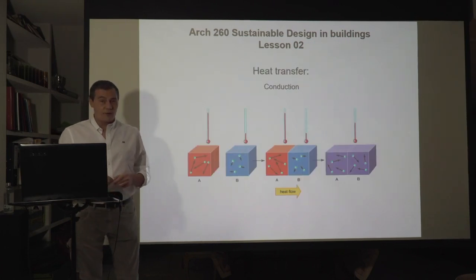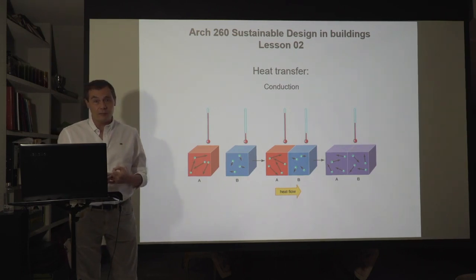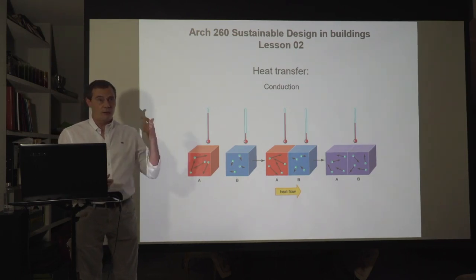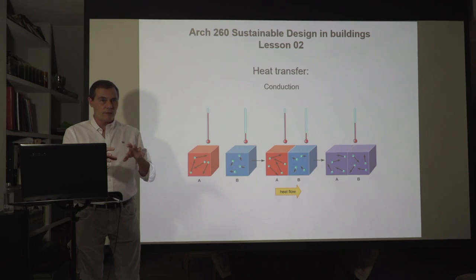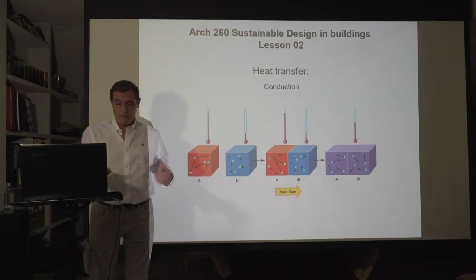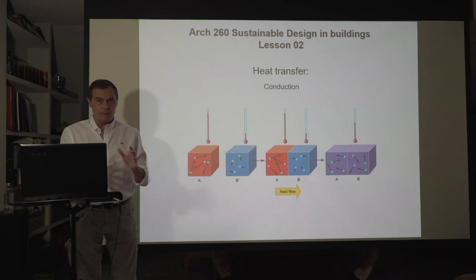Okay, so heat transfer. We have heat transfer mechanisms: conduction, convection, and radiation. We're going to explain what these mechanisms are, and then we will apply these to a house or a building. So what is conduction? Conduction happens when we have a solid matter.